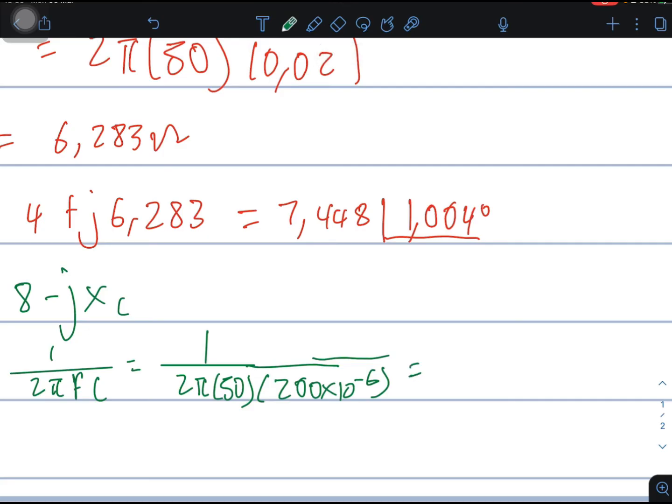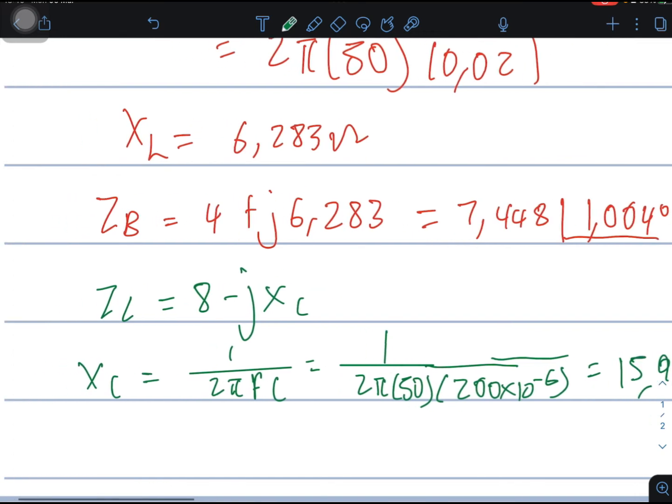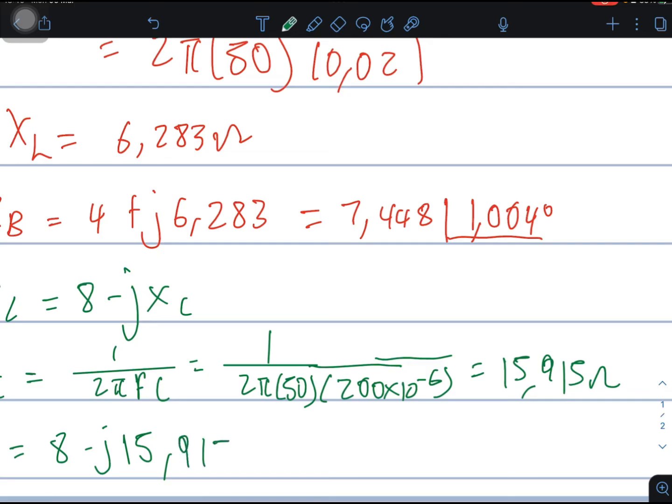So XC is 1 over 2 pi, open bracket, 50, 200 times 10 to the power negative 6, which is 15.915 ohms. Now we can place ZC. ZC is basically 8 minus j15.915.